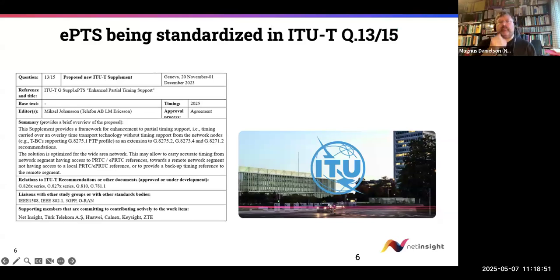So I mentioned before that we're now taking this into standardization. We started that in November, December 2023. And the current agenda, as you can see, is supposed to be finished by 2025, which for those who follow the Question 13 group means that we will have the final document for approval in the October meeting.